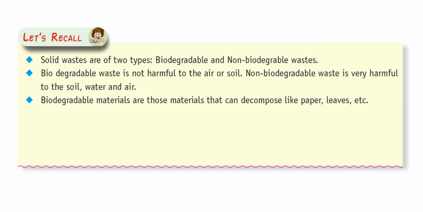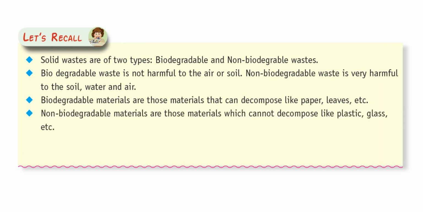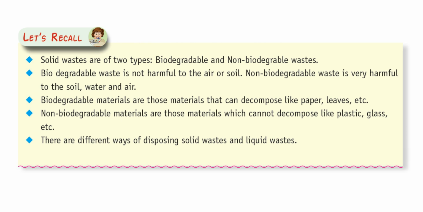Biodegradable materials are those materials that can decompose, like paper, leaves, etc. Non-biodegradable materials are those which cannot decompose, like plastic, glass, etc. There are different ways of disposing of solid wastes and liquid wastes. We must adopt the 4 R's: reduce, reuse, replace and recycle.